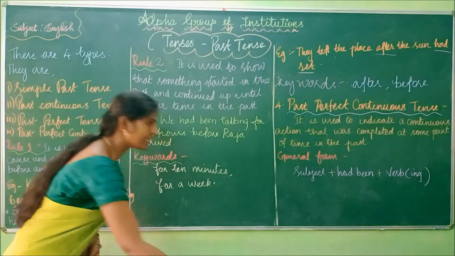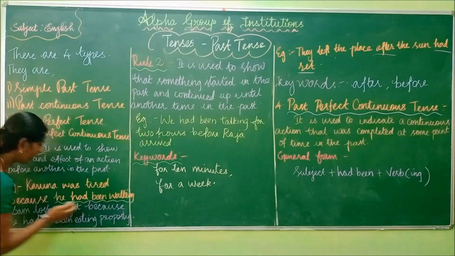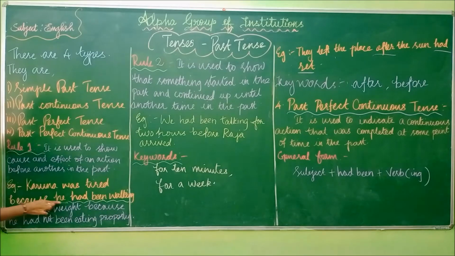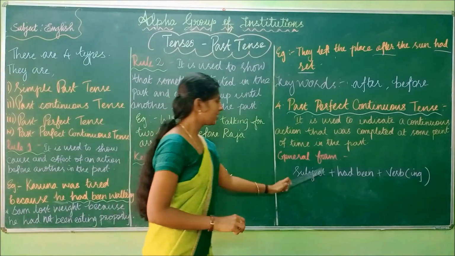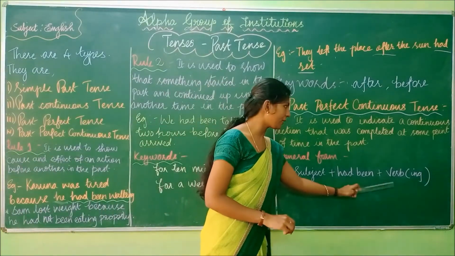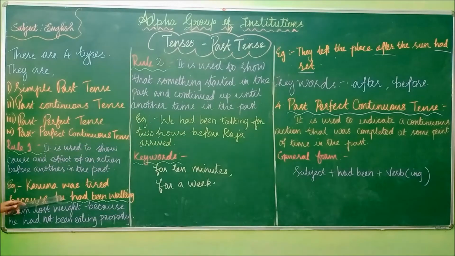Could you understand now? Which is the verb here? Had been walking. The rule you have seen is subject plus had been plus verb with ing, that is walk with ing.